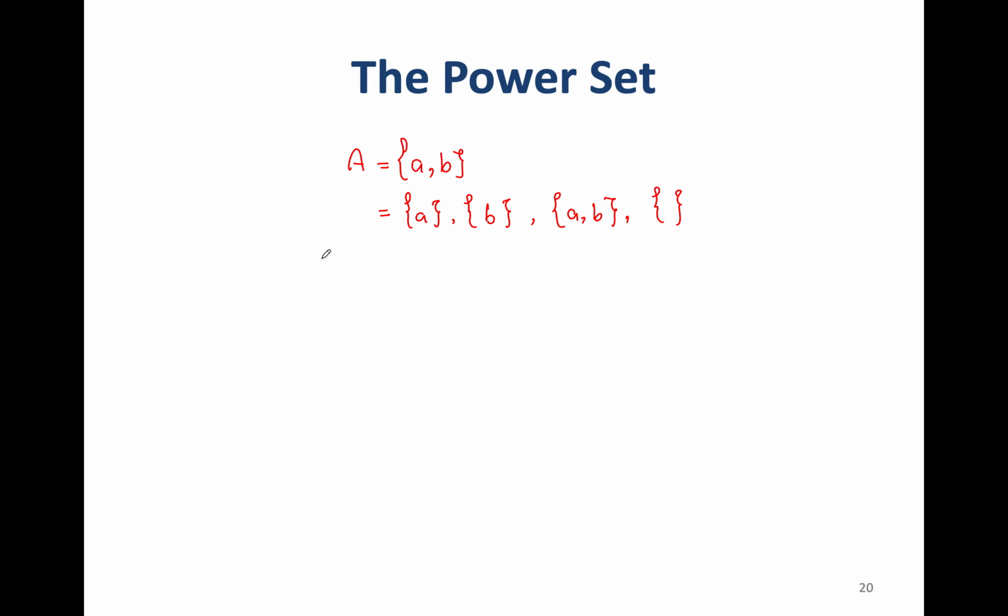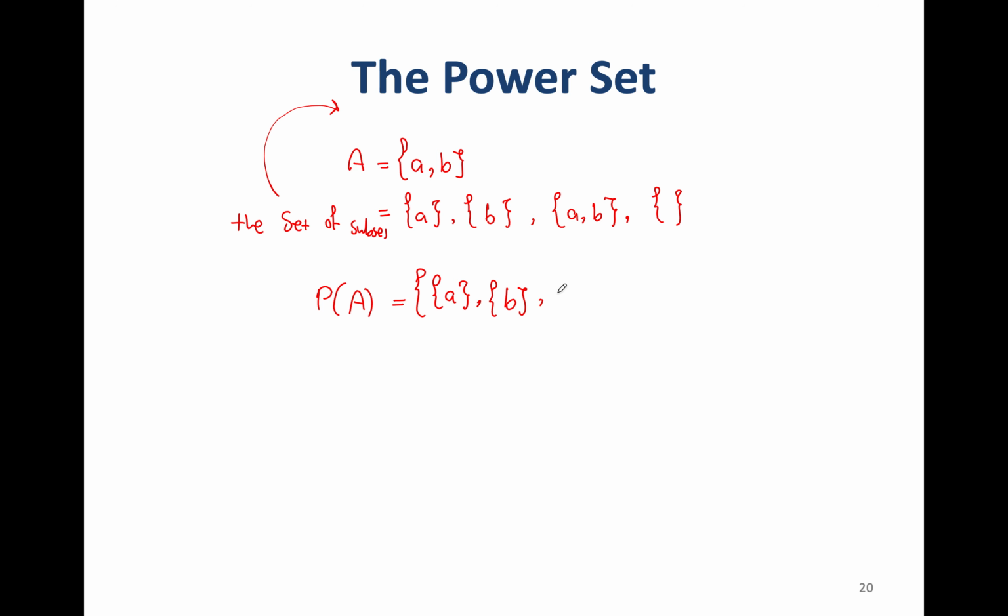Now, the set of subsets is called the power set, and we usually write it as P(A). The power set of set A will be the set of the subsets.